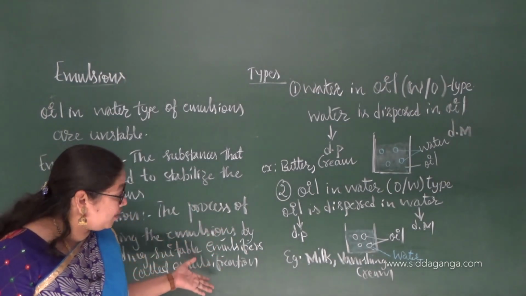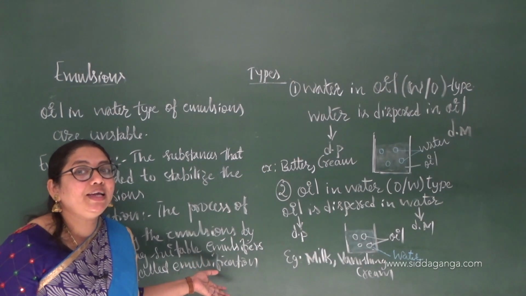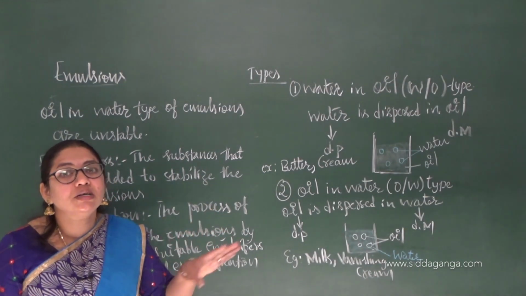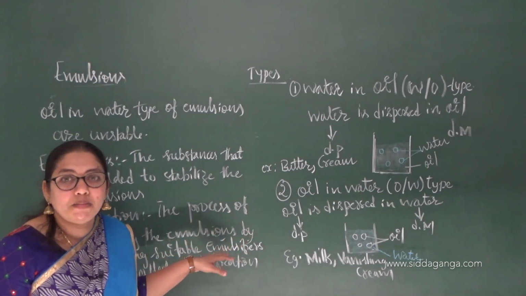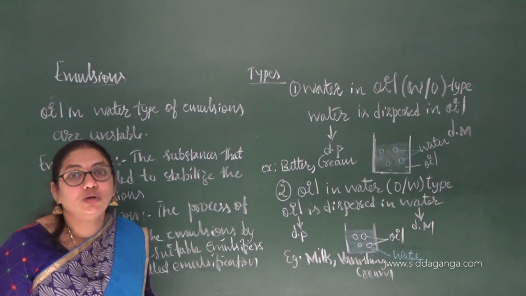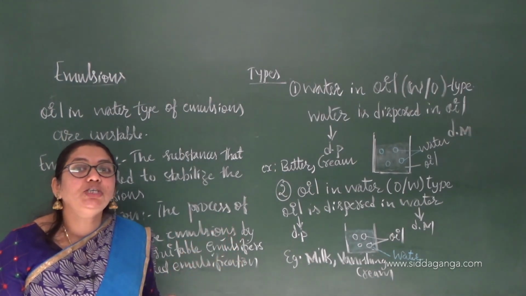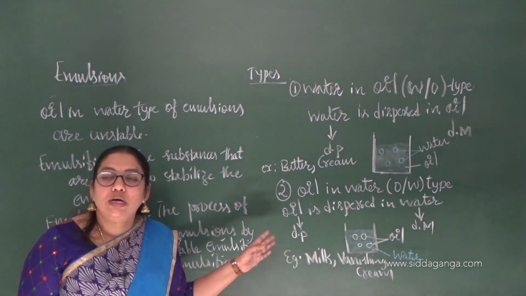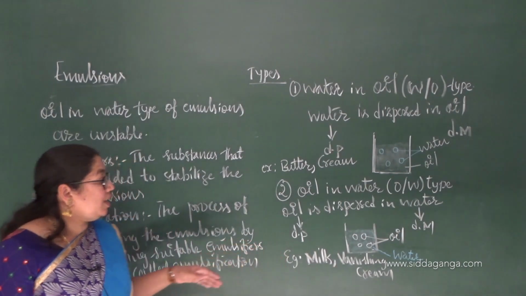Because they have very wide uses in our daily life. One of the best is the absorption of medicines, which takes place mainly by emulsification, as well as the cleansing action of soap, where there is a formation of micelles. That is also an example of emulsification.